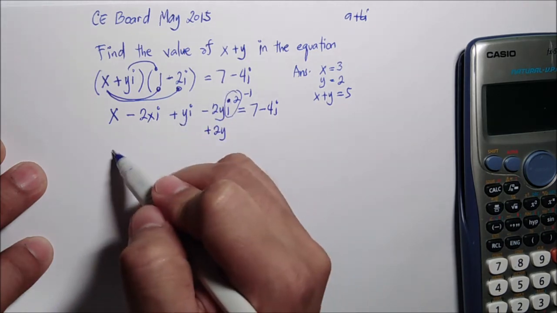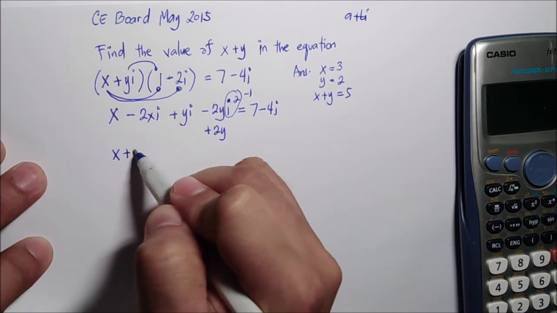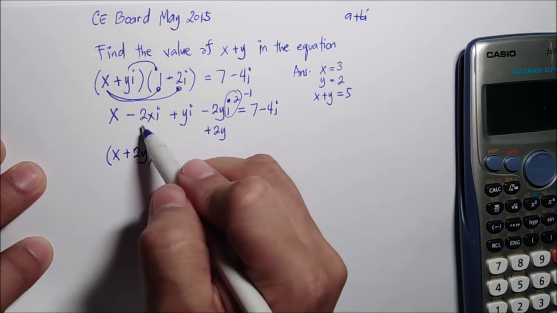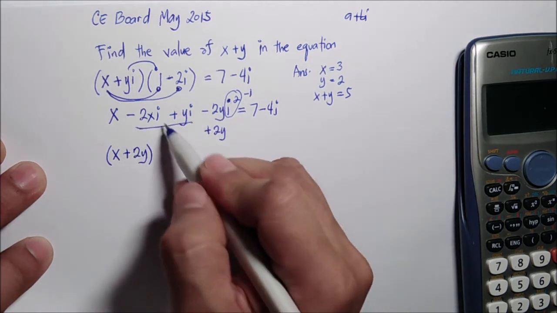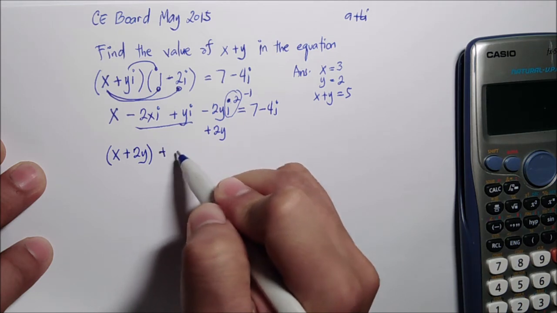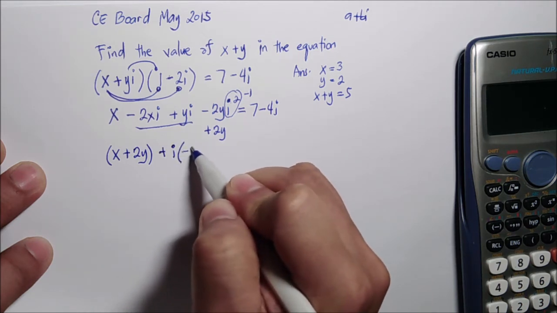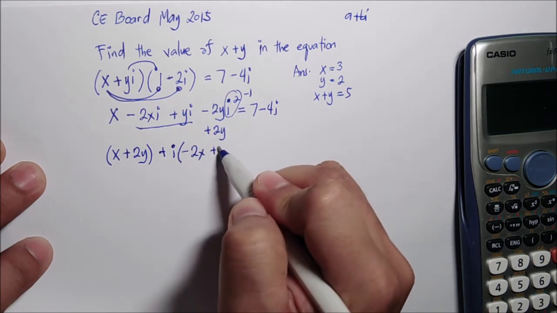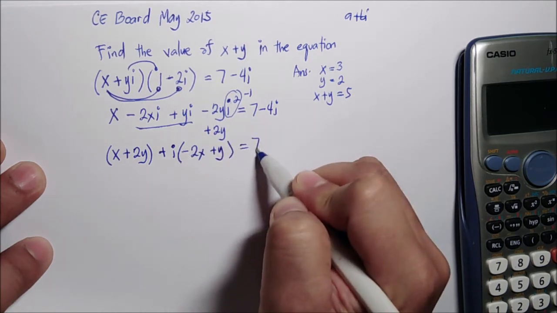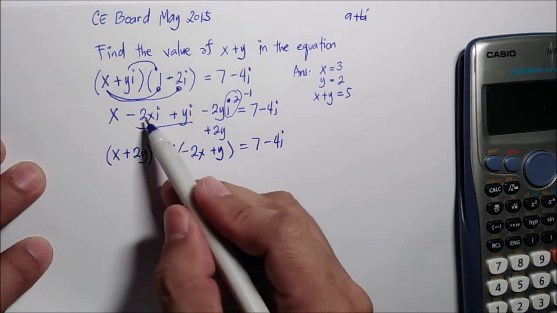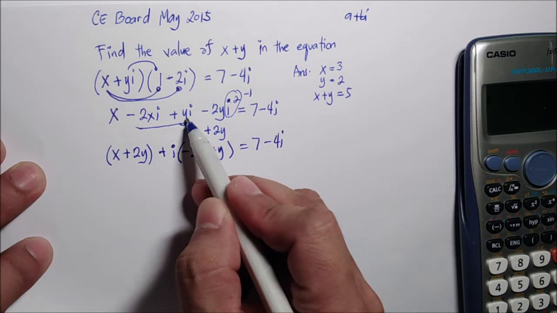So we can combine x plus 2y, and then we will separate the value of i, plus i times (negative 2x plus y), that is equal to 7 minus 4i. So negative 2xi, and then yi.